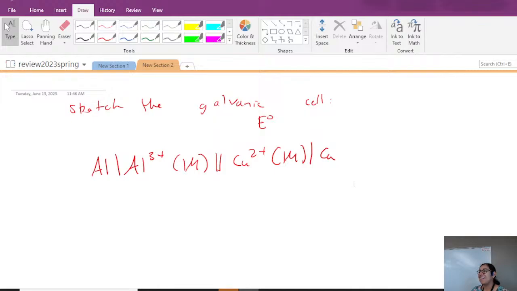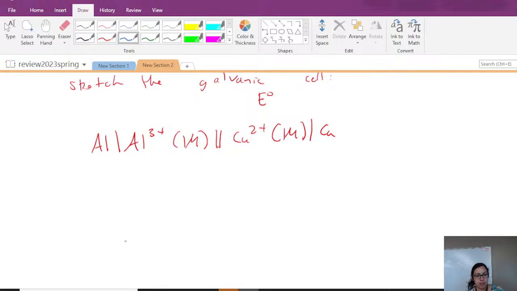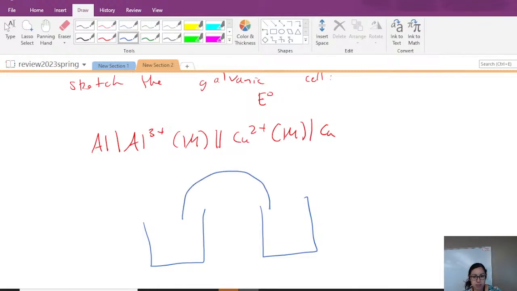It's a nice wall. Okay, I will copy. That looks good. Two separate chambers. And I see the salt bridge, so that's essential.